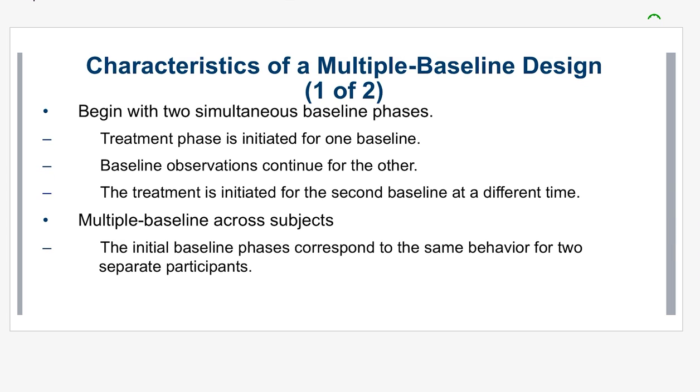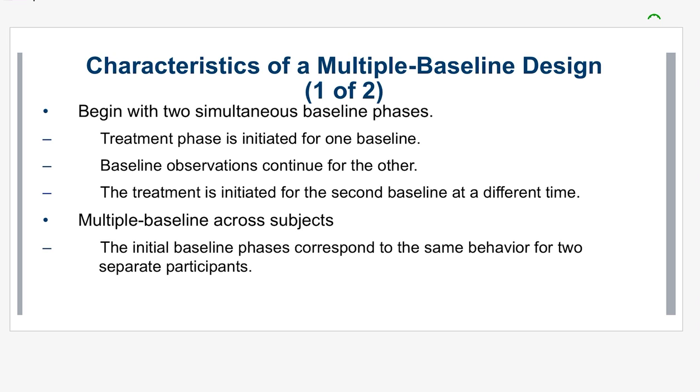So, what does this look like? You begin with 2 simultaneous baseline phases. Either it's 2 different people beginning a baseline phase at the same time, 2 different participants, or it is 2 different behavior baseline phases or 2 different situational baseline phases.